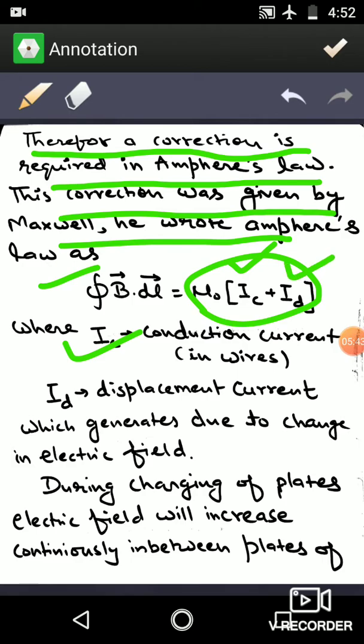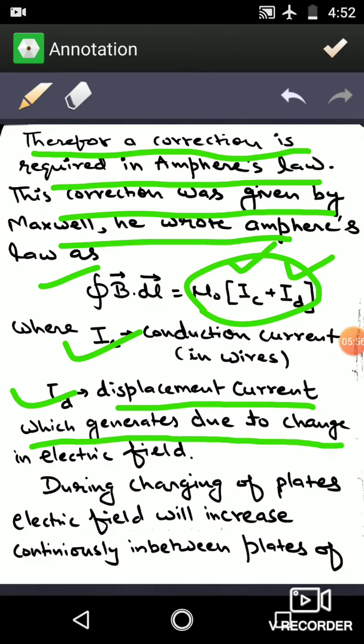The concept of displacement current was introduced by Maxwell. ID is the displacement current, which is generated due to a change in electric field.